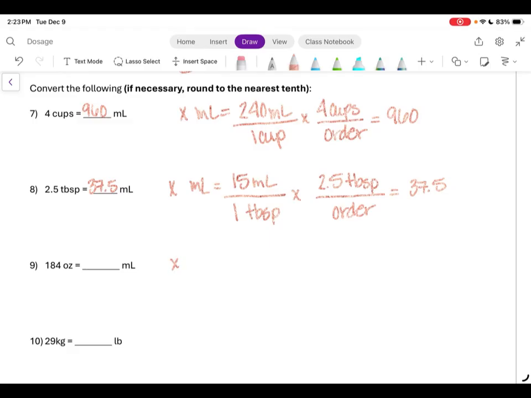Number 9, again, looking for milliliters. I know that 30 mils is 1 ounce. Again, that's just coming directly from my conversion sheet. And then 184 ounces is my order. Okay. So answer here is 5,520. Okay.